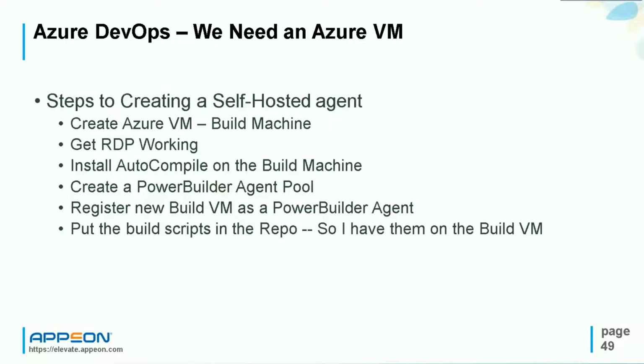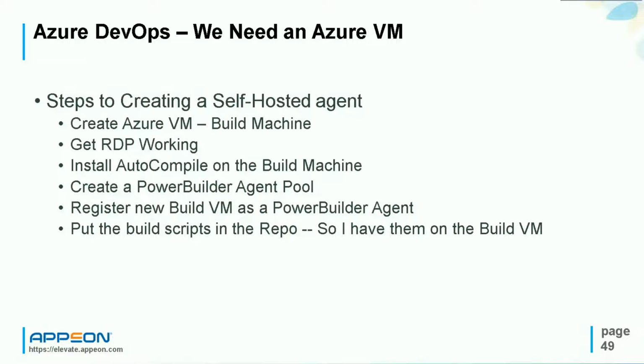And then the build scripts, I need to check those into source control. And then when it gets the latest version of the source from the repo, it'll automatically have the build scripts.